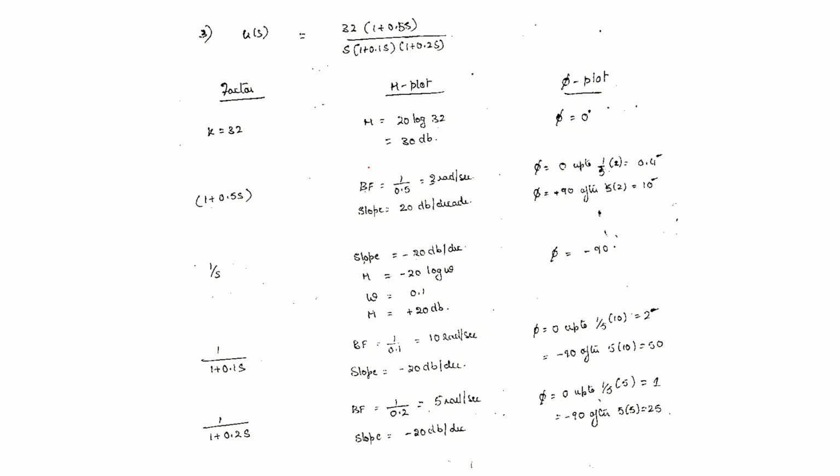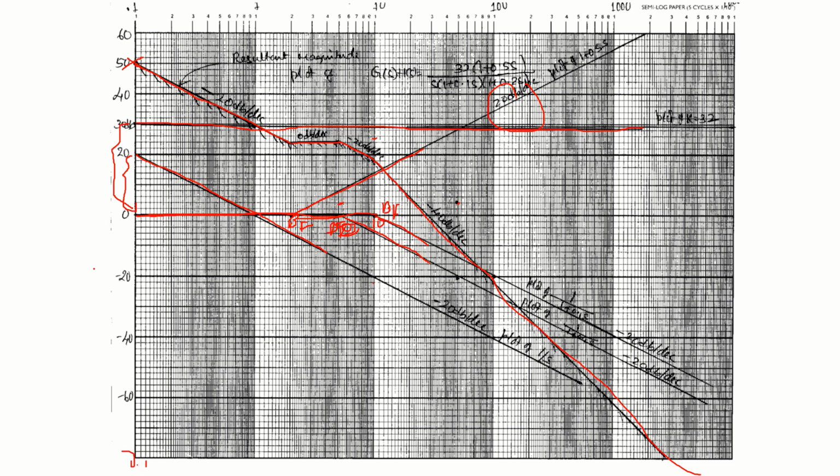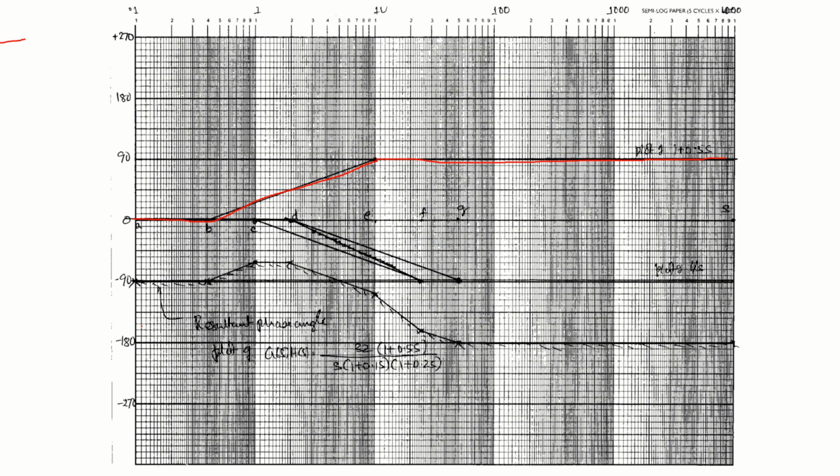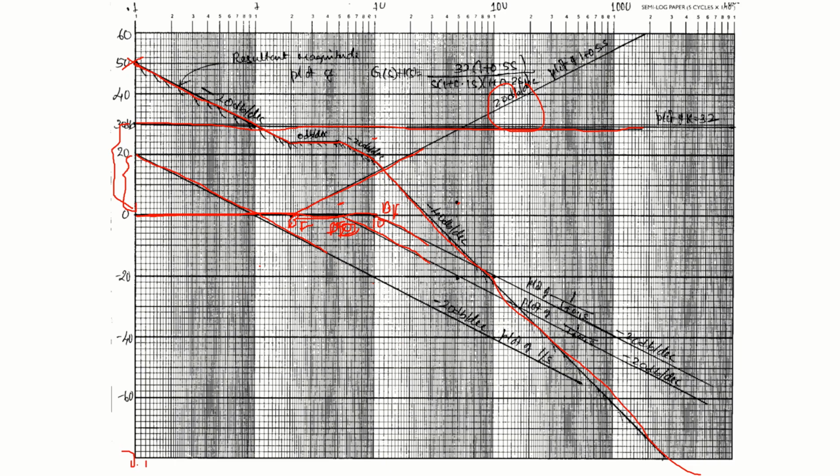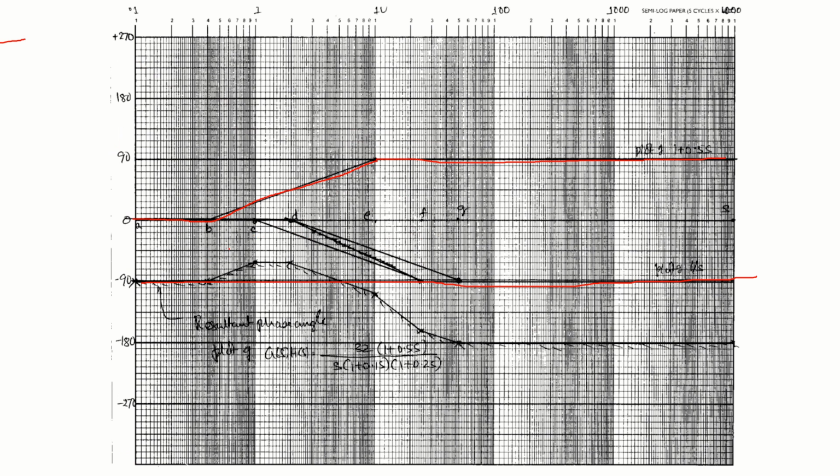Next is what you have, 1 by s, that is minus 90 degree. Draw that minus 90 degree line. Next what we have, 250. Mark 250.